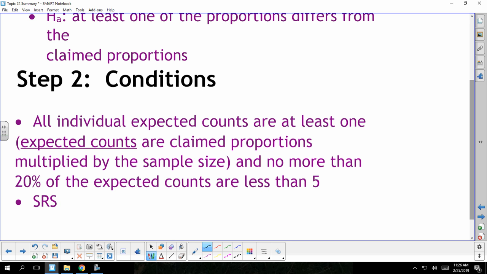And then no more than 20% of the expected counts are less than 5. Essentially, for most of the problems, we're going to look to have all of the expected counts greater than or equal to 5. But if we have just 1, we can still go ahead and conduct a valid test. And of course, we need to trust where the data came from. So hopefully it has some sort of element of randomness, a randomized experiment, or perhaps a simple random sample.